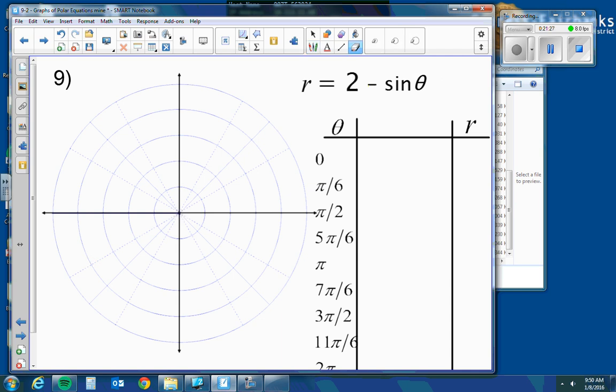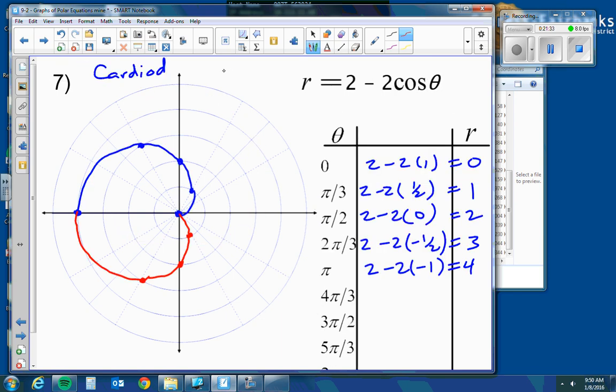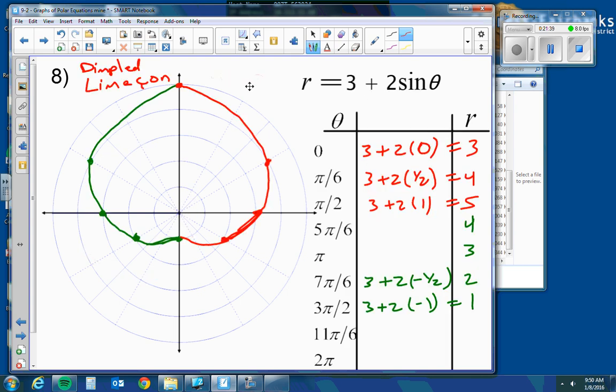So, change the 1 into a 2. Oh, by the way, I forgot to mention, you might write this down: on the cardioid, A equaled B, the 2's were equal, right? On the dimpled, A was greater than B, but it wasn't too big. That's how you know it's dimpled, by looking at the equation.